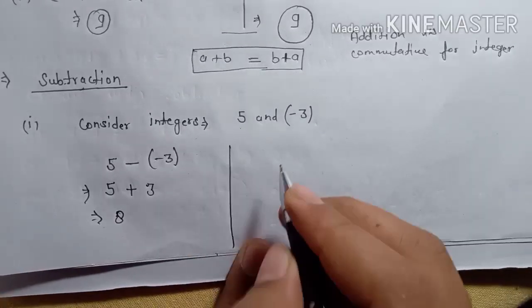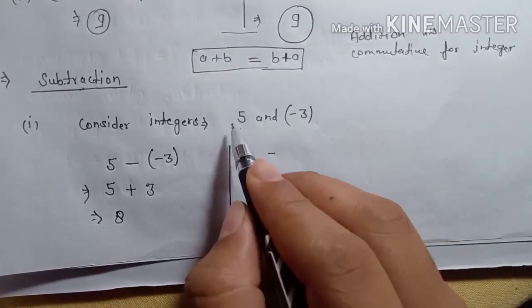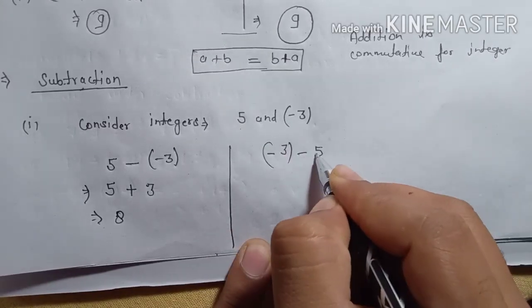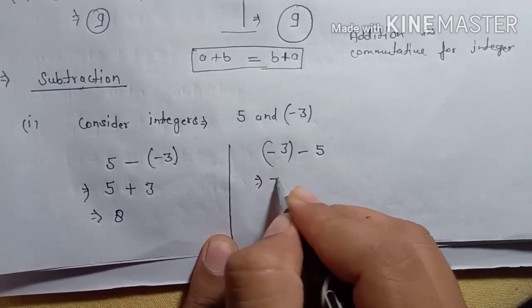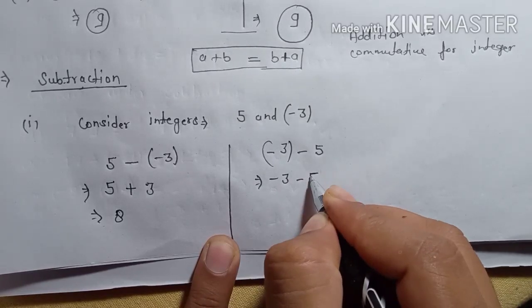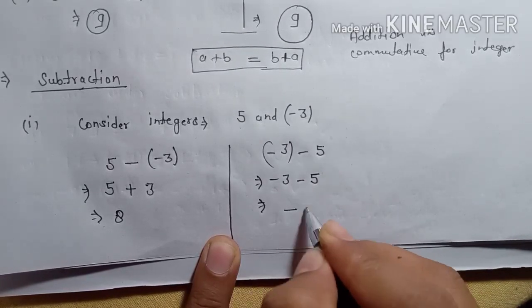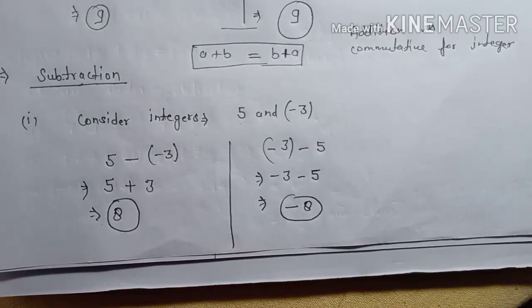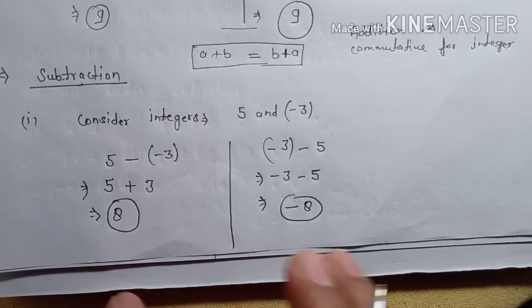What if we change the order? This time subtract 5 from -3, that is -3 minus 5, and our result is -8. You can see that after changing the order, results are different.